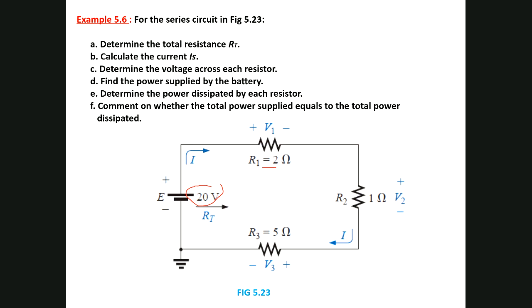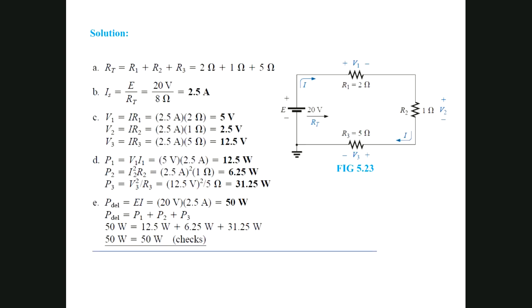Then you find the voltage drop across each load, the power supply, and the power dissipated by the loads, and you need to check whether the power supply is equal to the power dissipated by the loads or not. It's supposed to be equal, and this is 50 watt here and 50 watt here, the same procedure as the previous example.